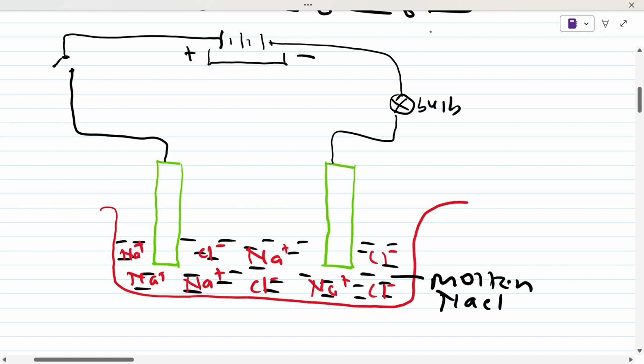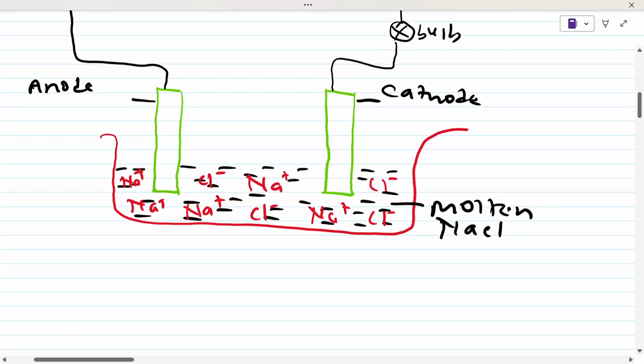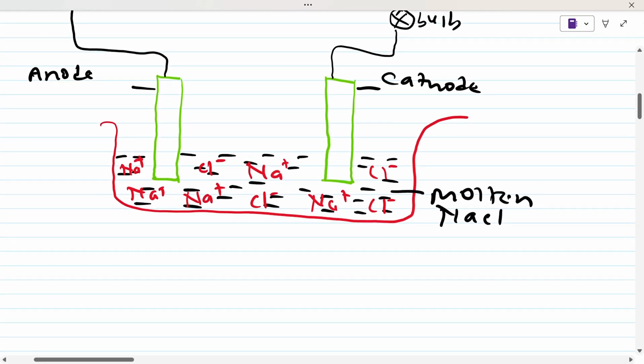So the positive terminal is always called the anode. The negative terminal is always called the cathode. So in each and every stage, you really need to know what will happen in this system when the switch is closed.